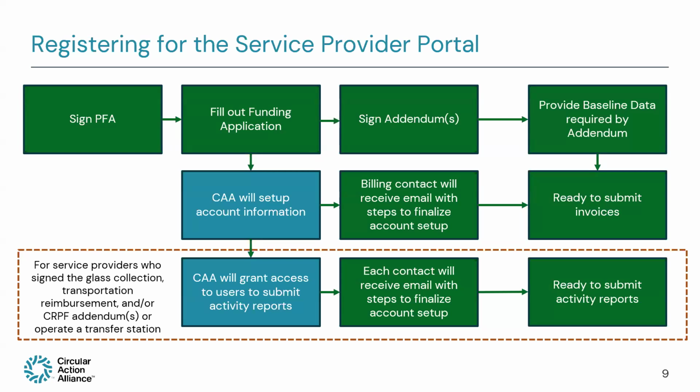We want to do all of our payments, or as many as possible, through ACH, so direct deposit into an account. So we want to make sure we know the billing contact when you fill out your funding application, and that one will be critical to get set up.